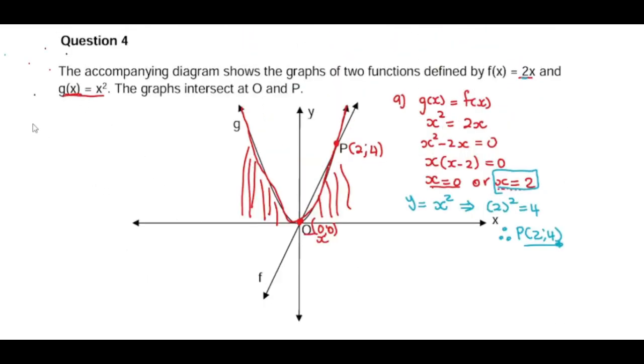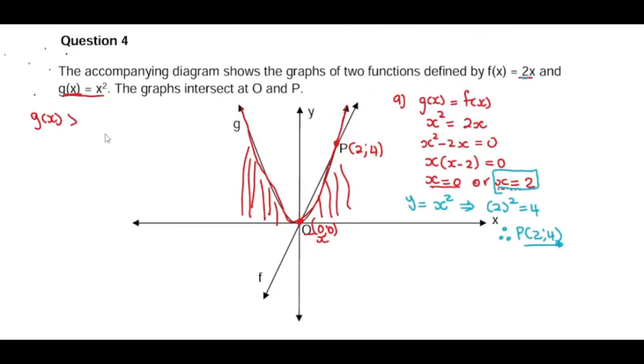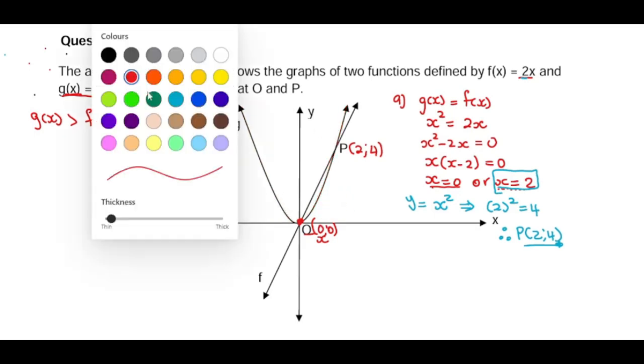So the question is asking, where is g of x greater than 2x? That's f of x. So where is g of x greater than f of x? Right, let's go on the graph and try to see where g of x is greater than f of x.